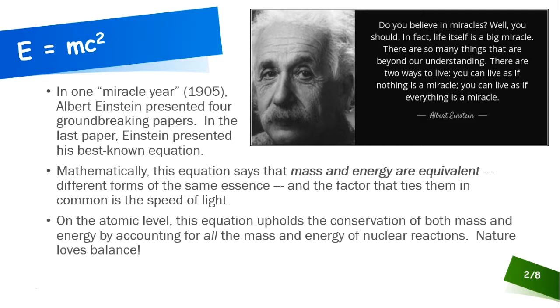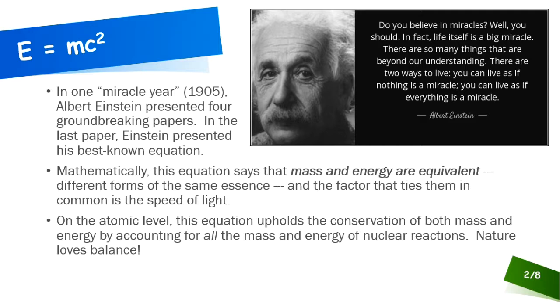On the atomic level, this equation upholds the conservation of both mass and energy by accounting for all the mass and energy of nuclear reactions. And this is what we see with nuclear reactions, because when things decay, you've got less mass. So where did the mass go?